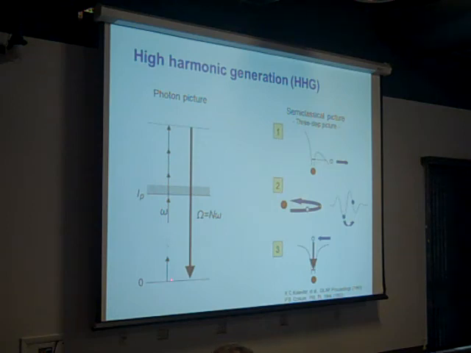Now, if I make first a transition into the continuum, give the electron some energy from the field, and then I make a transition back, where the electron has to give back its energy, it gives back its energy as a photon, obviously. And this photon has a frequency, obviously, which is then n times the number of photons that I have absorbed.